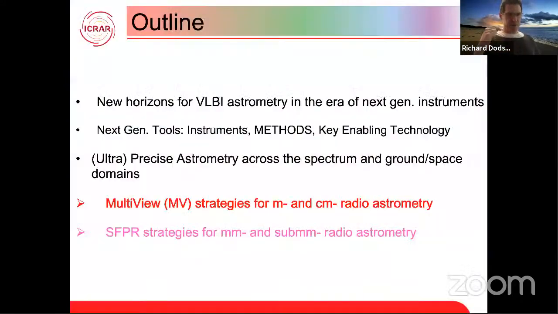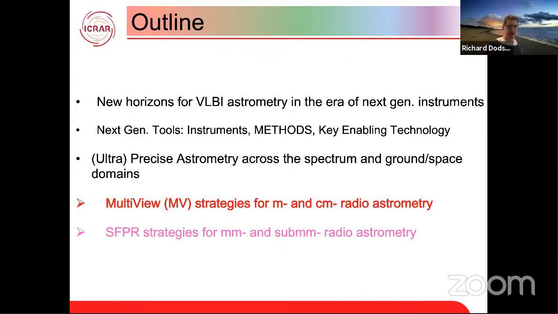The systematics are the limitation, and so we've been focusing on the methods that can provide ultra-precise astrometry. There's 2 key opportunities for the EVN, we believe. That's in the development of these new methods in both multi-view and source frequency phase referencing.